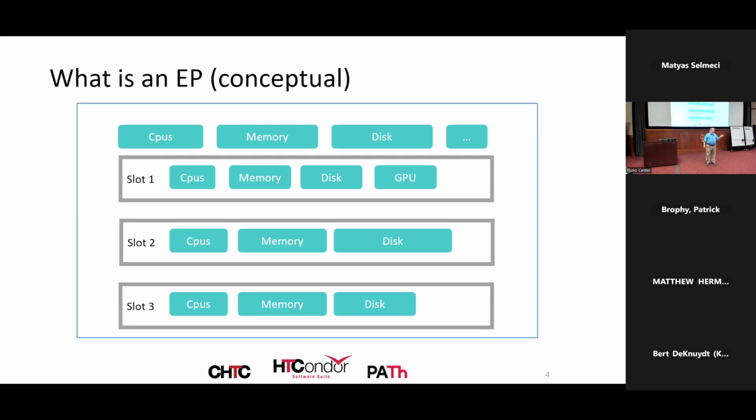So when we talk about who is using this EP, what we're really interested in here is what job is currently assigned to these slots when the slots are active. When the slots are not active, there's 2 possibilities.